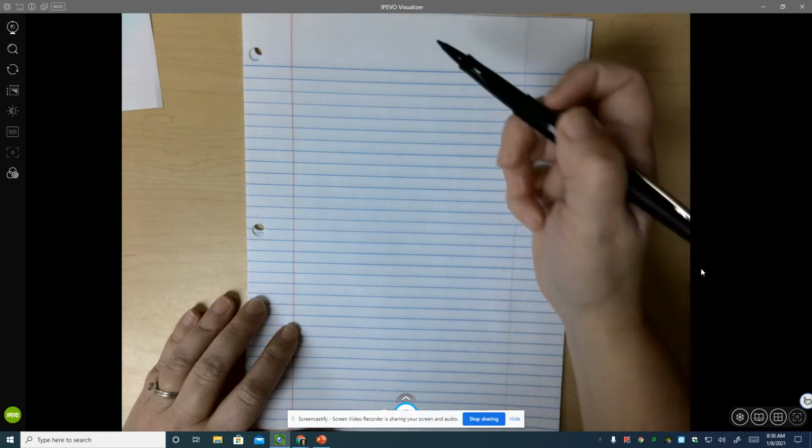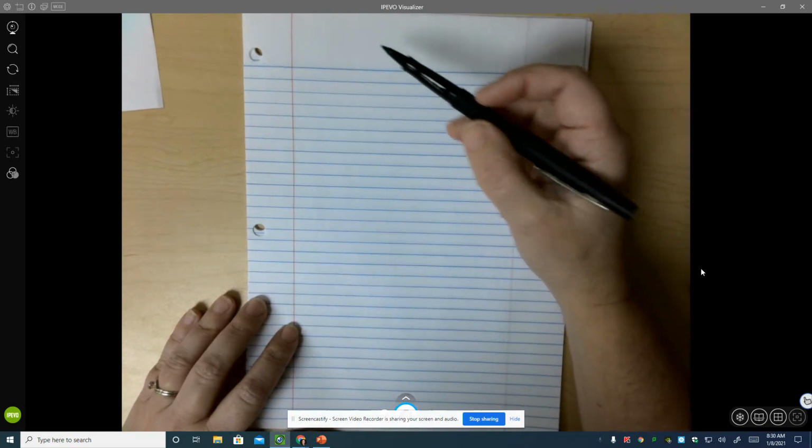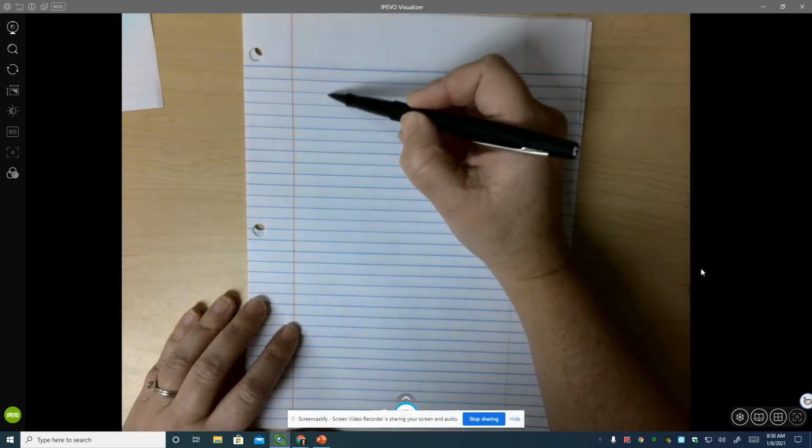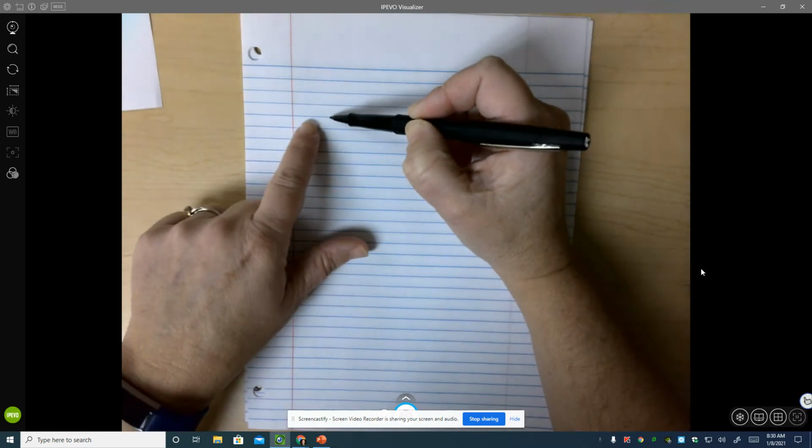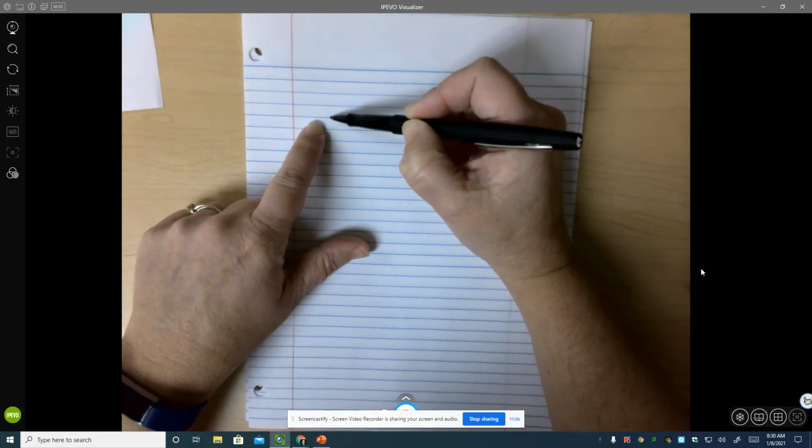Okay, well, if you have college rule, go down 1, 2, 3, 4 lines, and maybe in from the red line a little bit, and just put a dot. There's less lines on wide rule. Then from the bottom center, you're going to do the same thing, about 1, 2, 3, 4, and put a dot.